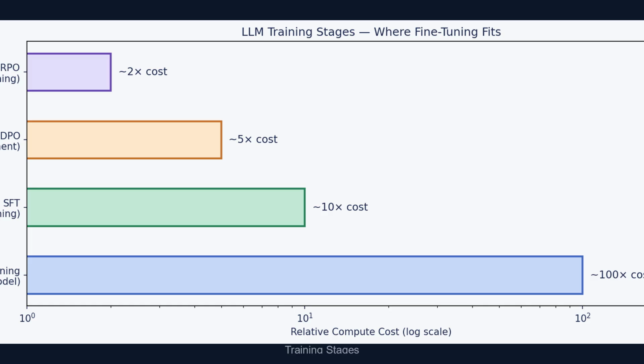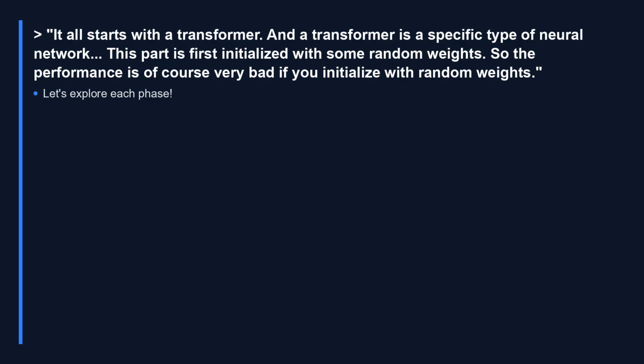The practical implication: the expensive foundation has already been laid for you. When you fine-tune, you're operating at the cheap end of this pyramid, which is exactly what makes it accessible on hardware like your P40s.